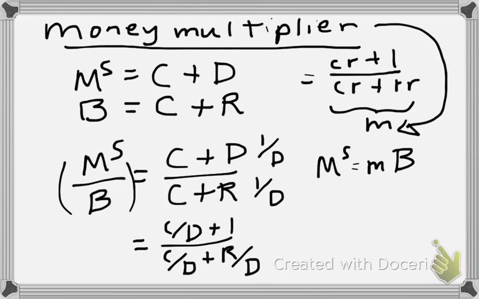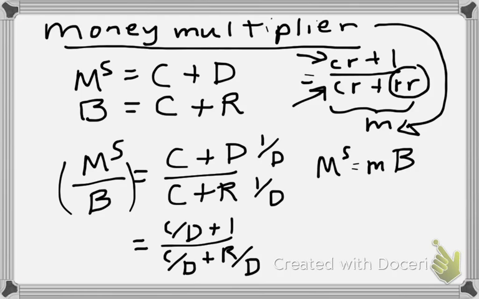And remember that RR, the reserve ratio, is a number less than 1. So reserves are going to be a fraction of the value of deposits, and so the denominator is smaller than the numerator.